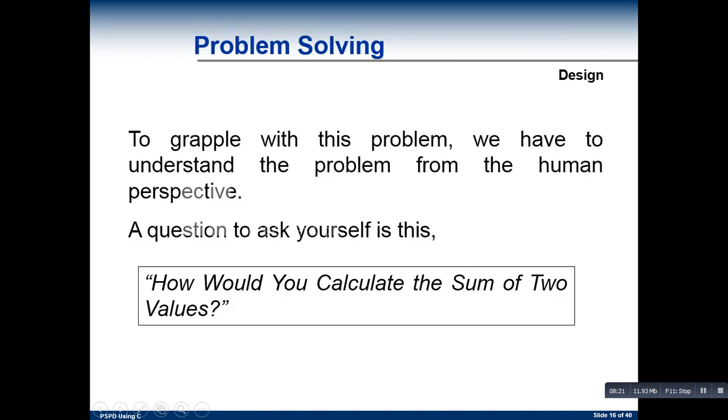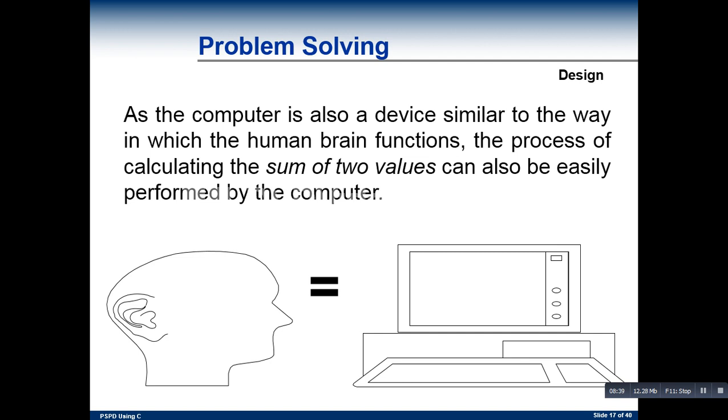A question to ask yourself is this: how would you calculate the sum of two values? Now, the computer is also a device that functions similarly to the way in which the human brain functions. The process of calculating the sum of two values can also be easily performed by the computer.